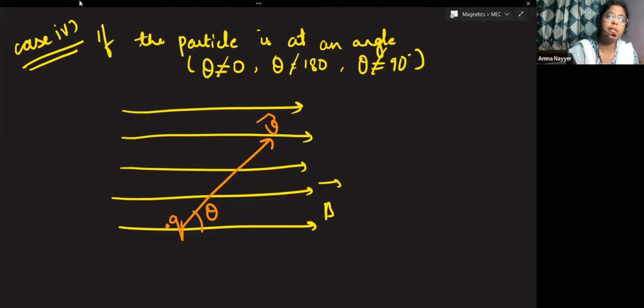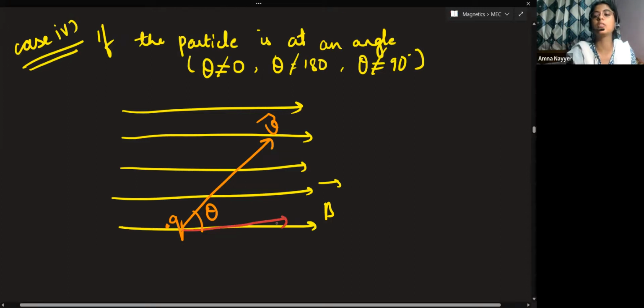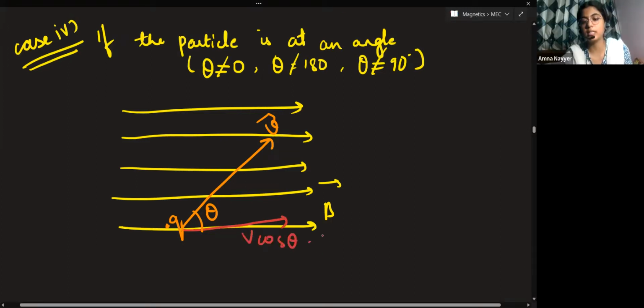If I resolve the velocity, cos. So here it becomes V cos theta. This is known as V parallel. And the other component becomes V sine theta, which is known as V perpendicular.